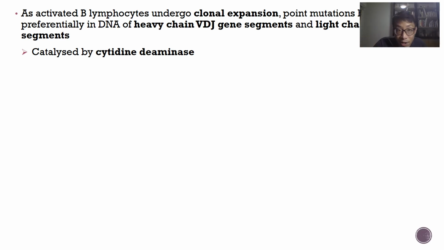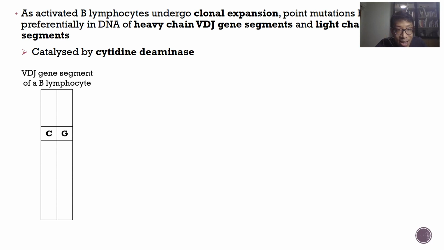The activated B cell already has a particular VDJ gene segment for the heavy chain gene cluster and a particular VJ gene segment in the light chain gene cluster. So during the proliferation, during the clonal expansion, mutations can be introduced at the VDJ and the VJ gene segments, catalyzed by cytidine deaminase.